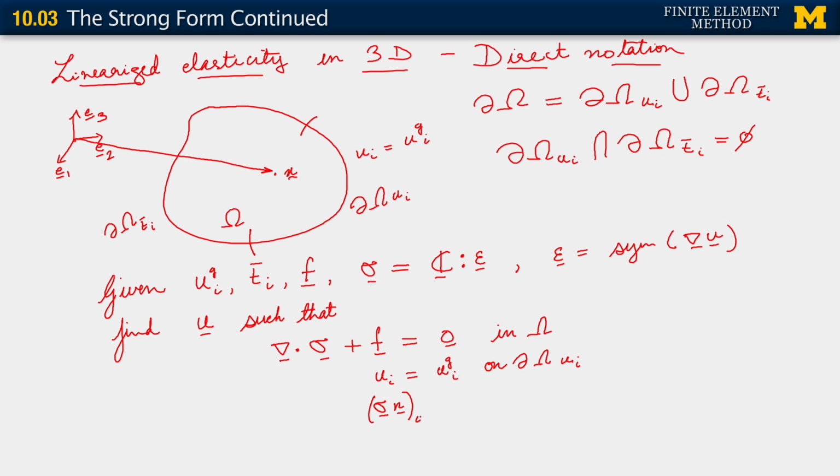We're saying that its ith component equals t bar I on partial omega t bar I. One thing to note here is that this notation del dot sigma is sometimes written as divergence of sigma.